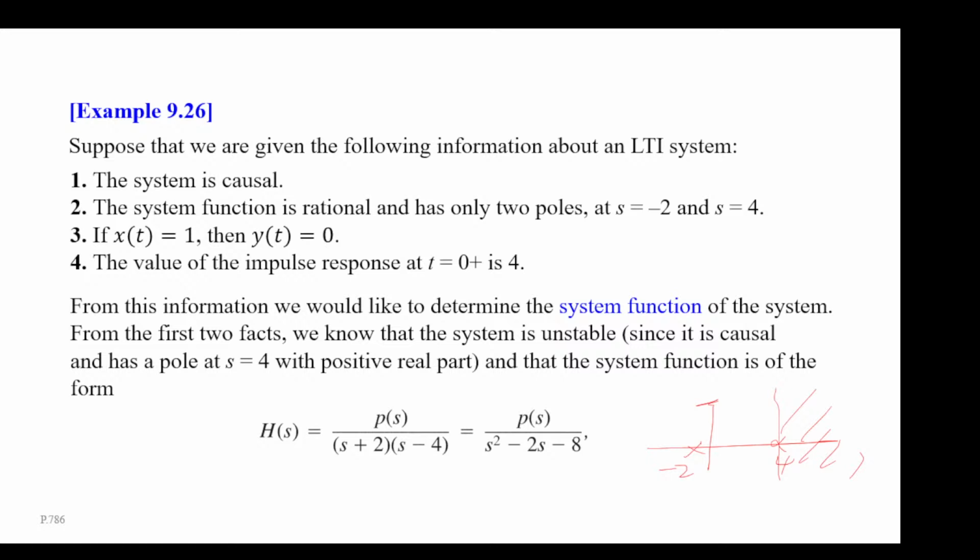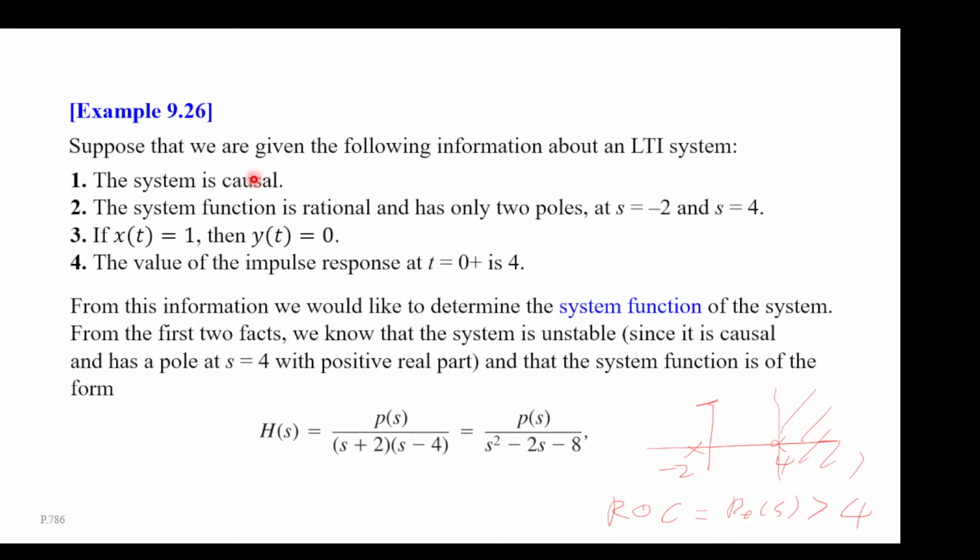So the system function looks like this, and the ROC is real part of s greater than or equal to 4. Now we know the ROC and some of the algebraic part, and we need to use the other two things to determine this polynomial P of s here.